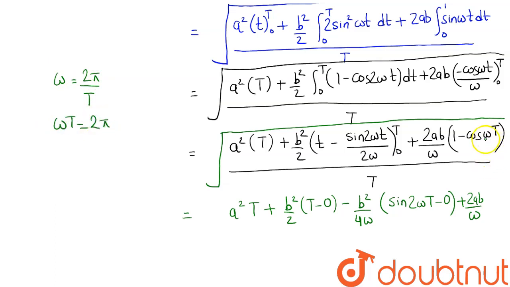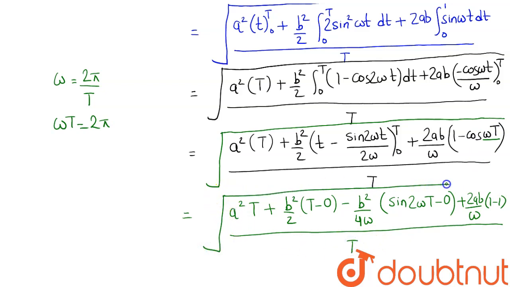So cos of 2 pi is 1. So this comes as 1 minus 1. So square root of this whole quantity divided by T.